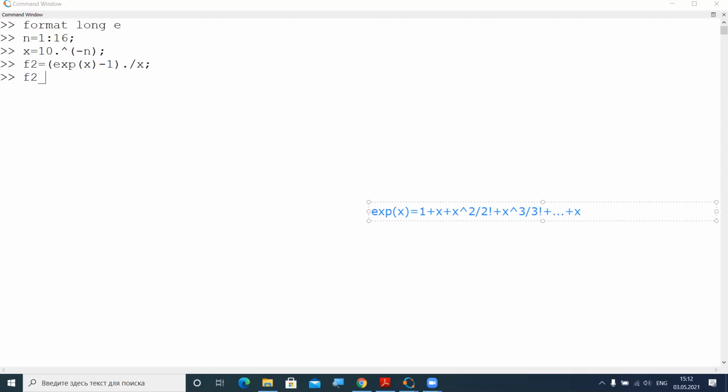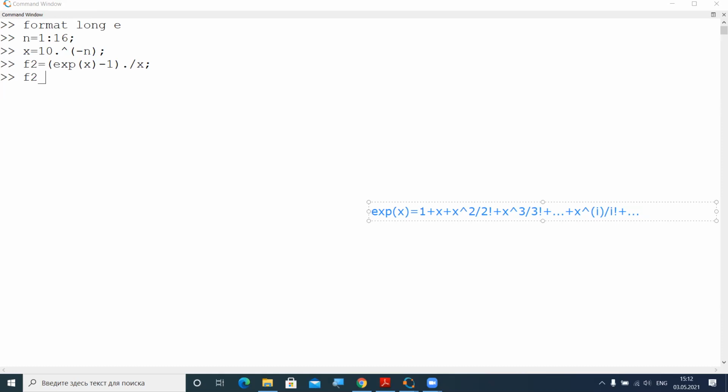The general term was x to the power of I over I factorial, plus etc. And the last one here is x to the power of, so here we have just continued. Okay, and then we will find the last term also.